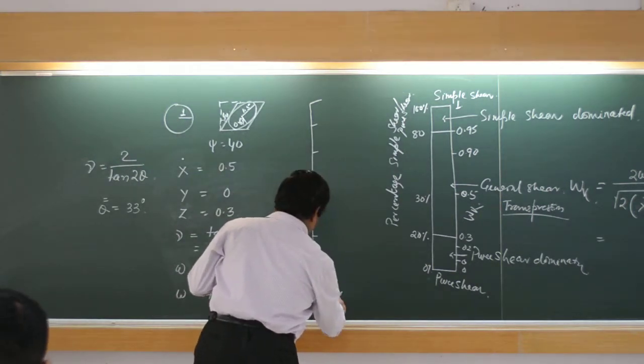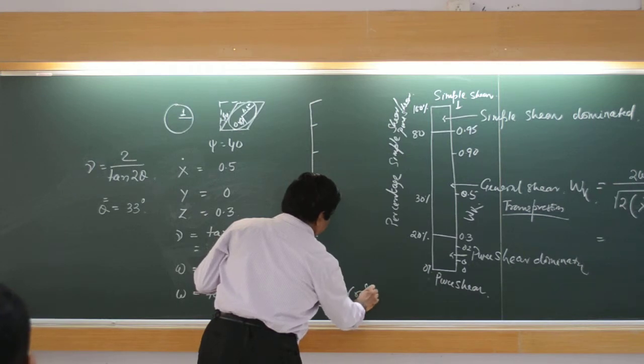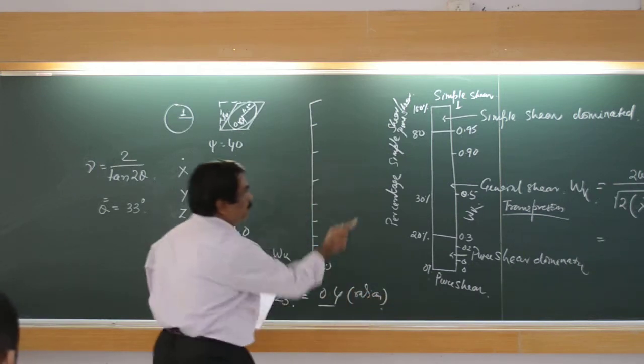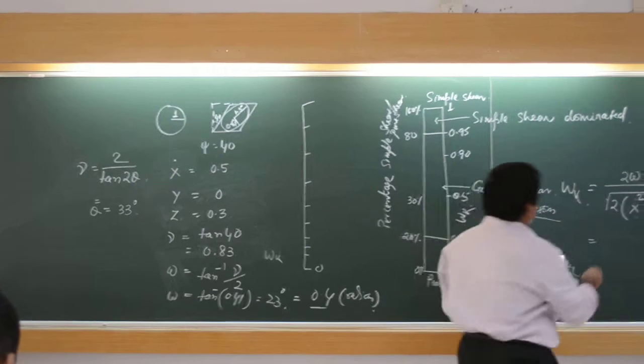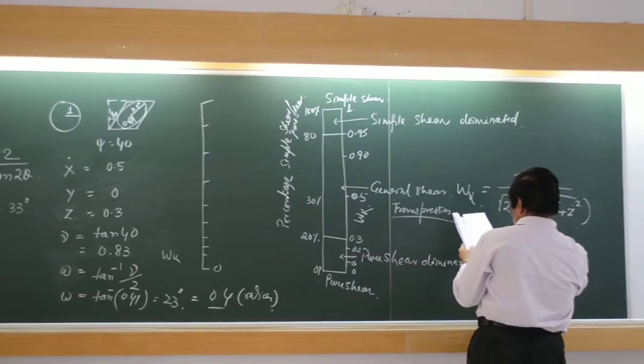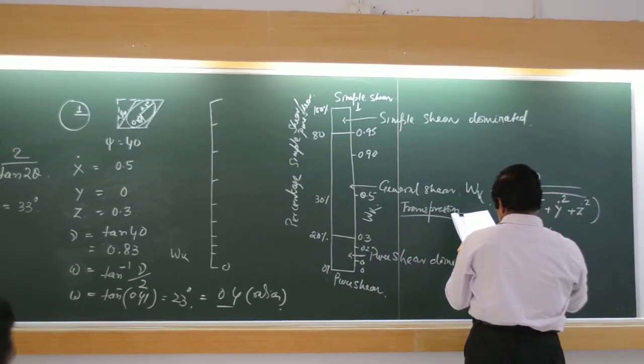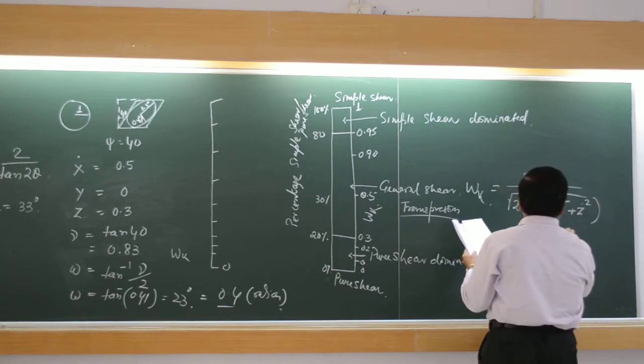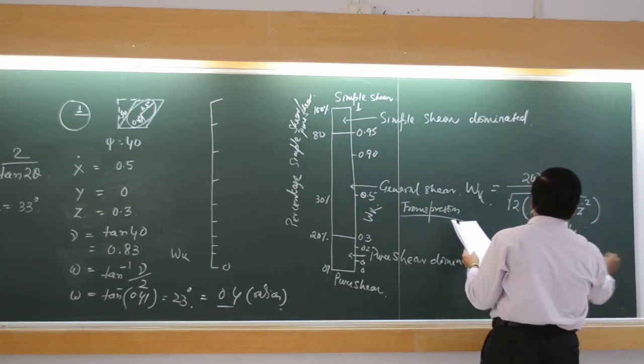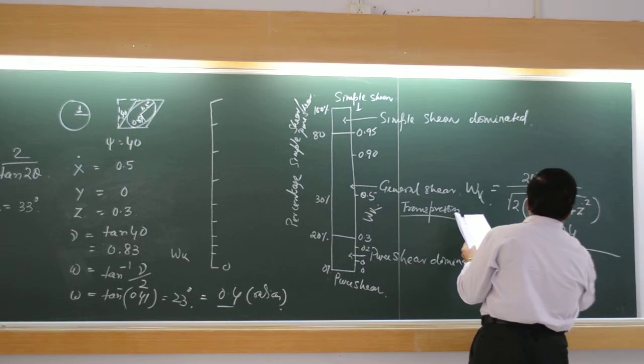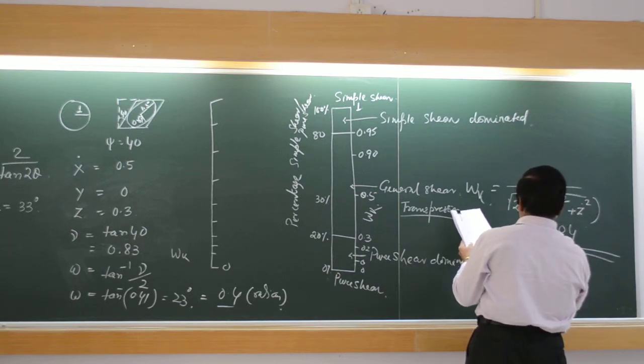0.4 in radian. Then you put all these things there. 2 into 0.4 divided by this square, so 2 comes out.